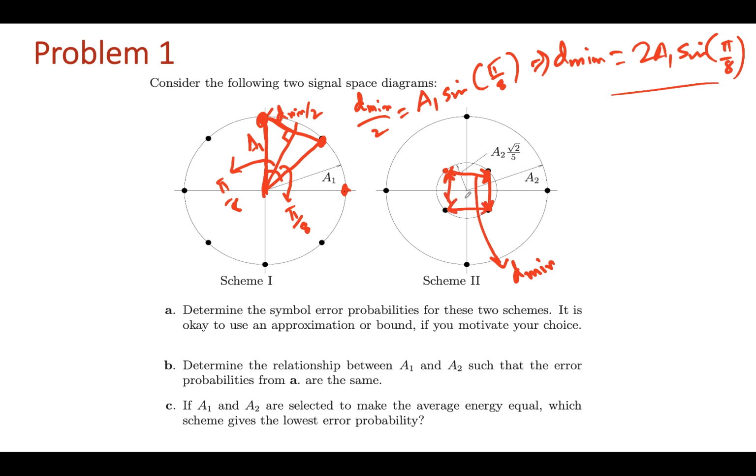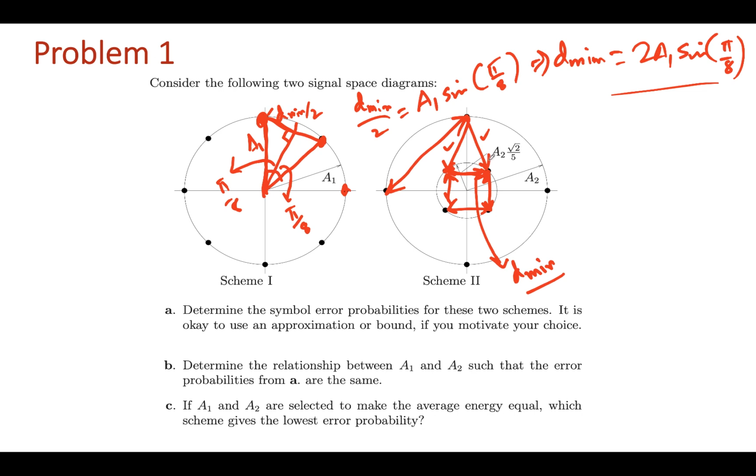These distances are equal to d mean, because this is the lowest distance for the entire constellation. If you calculate the distance between this signal and this one, it is definitely greater than d mean. If you calculate the distance from this signal to any of these signals in the inner constellation, these distances are all greater than d mean. The lowest is this distance, so that is your d mean.